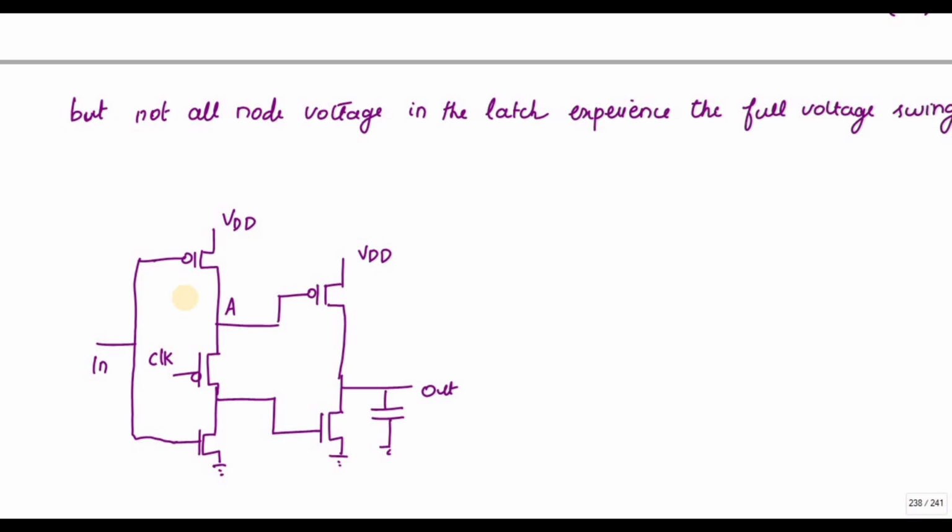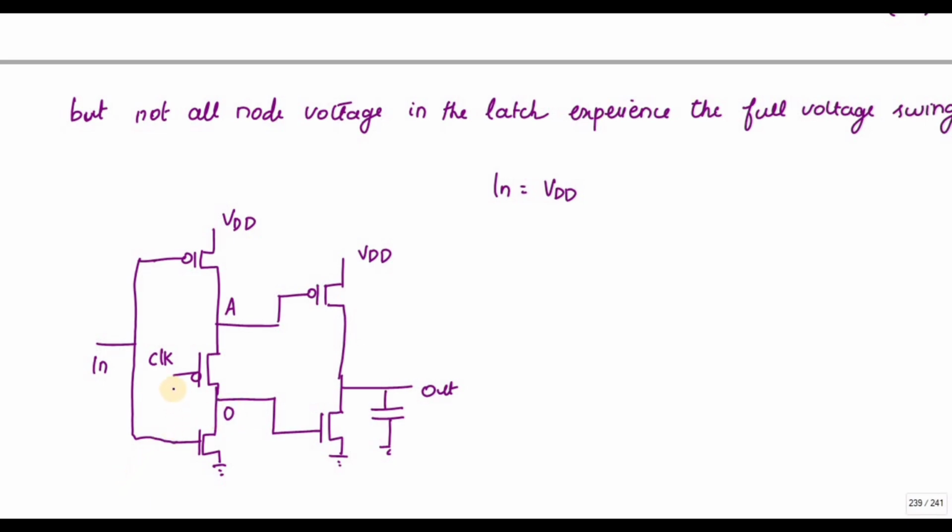So here if you see, this is nothing but a negative latch. I'm considering the input value is VDD. So if the input value is VDD, this transistor will conduct. If this transistor conducts, this voltage goes to 0.